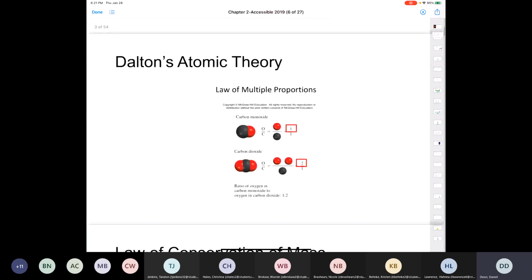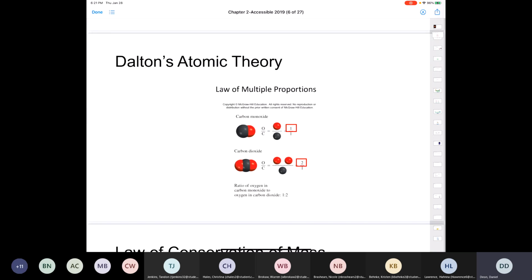If we continue on in talking about Dalton's atomic theory, we look at what's called the law of multiple proportions. And that is, if two elements can combine to form more than one compound, the masses of one element that combine with a fixed mass of the other element are in ratios of small whole numbers.